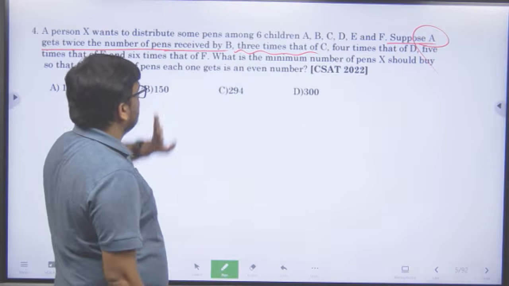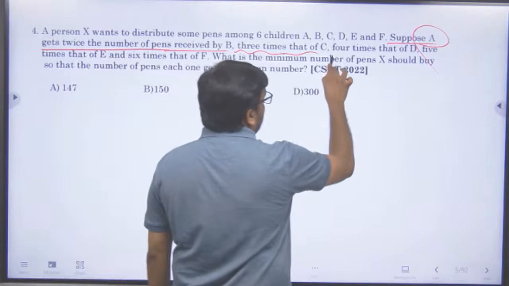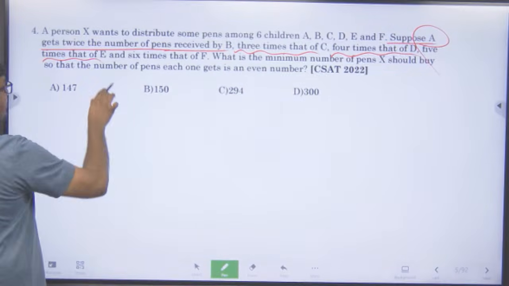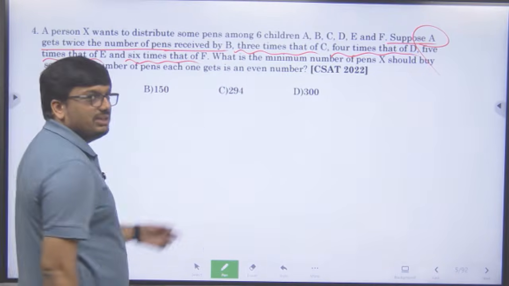A is twice B, A is thrice C, A is 4 times that of D, A is 5 times that of E, and A will get 6 times that of F. Write that carefully. A is equal to twice B, A is equal to 3C, A is equal to 4D, A is equal to 5E, A is equal to 6F.